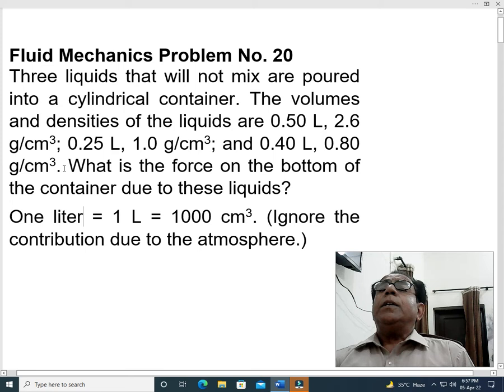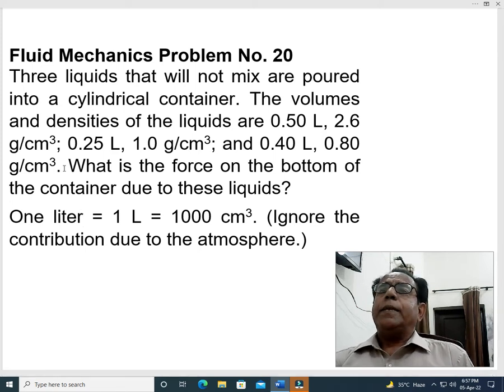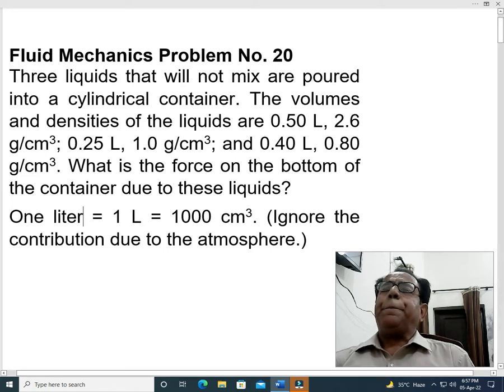In other words, three sets of volume and density are given. First set is 0.50 and 2.6. Second set is 0.25 liter and 1.0 gram per centimeter cube, and third set is 0.40 liter and 0.80 gram per centimeter cube.